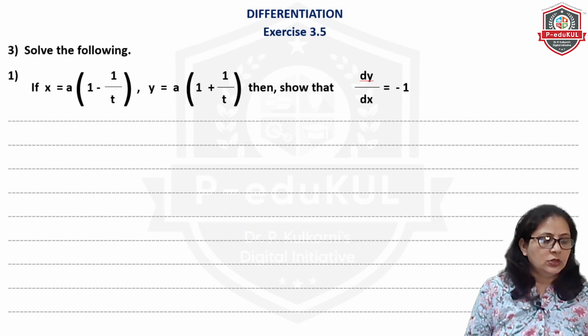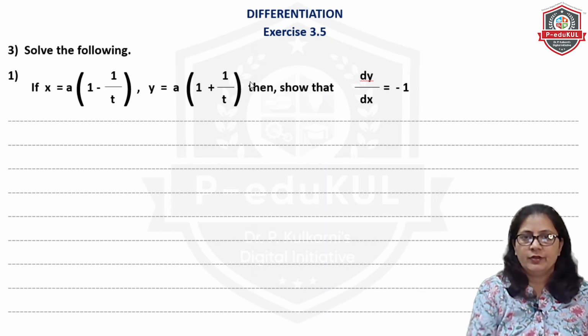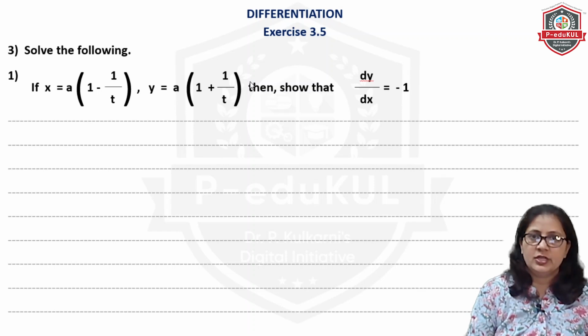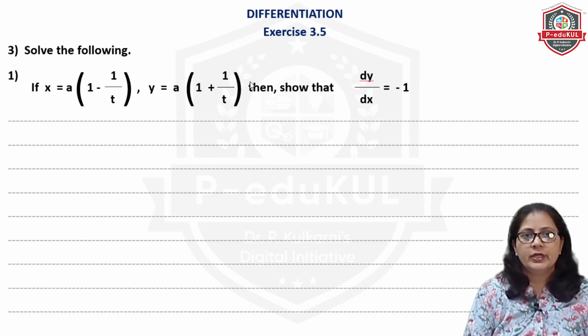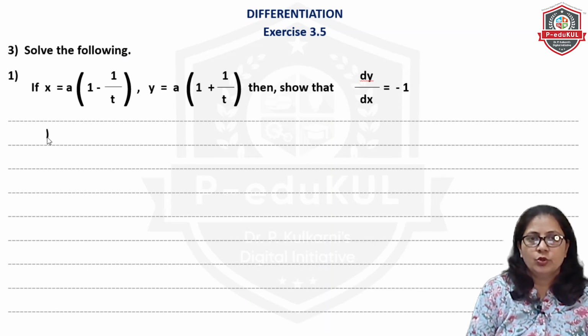So now we will do the third question, that is x is given in terms of t, y is also given in terms of t, and we are supposed to show that. So when it comes to show that, it is actually an easy question because you know already the answer, right? So we'll start. We have to differentiate both the functions with respect to t.